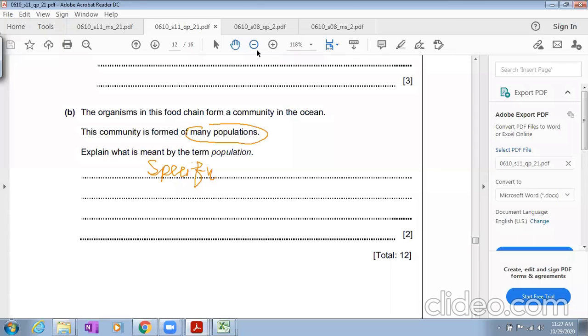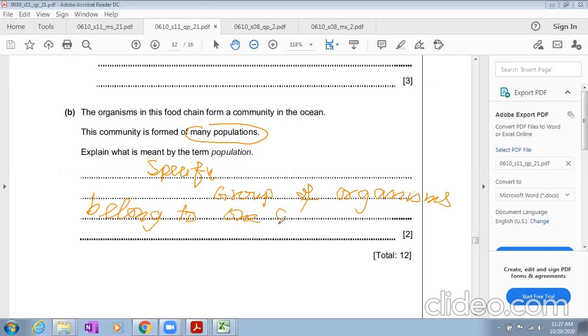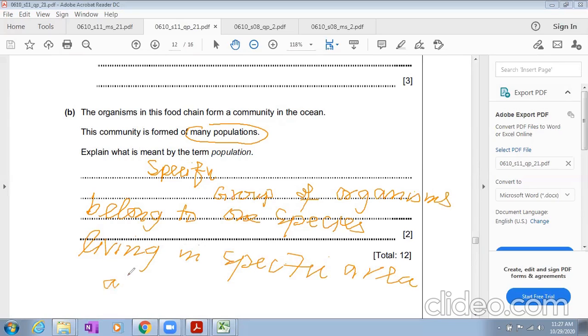So we can write it here: a group of organisms belonging to one species, living in a specific area at the same time.